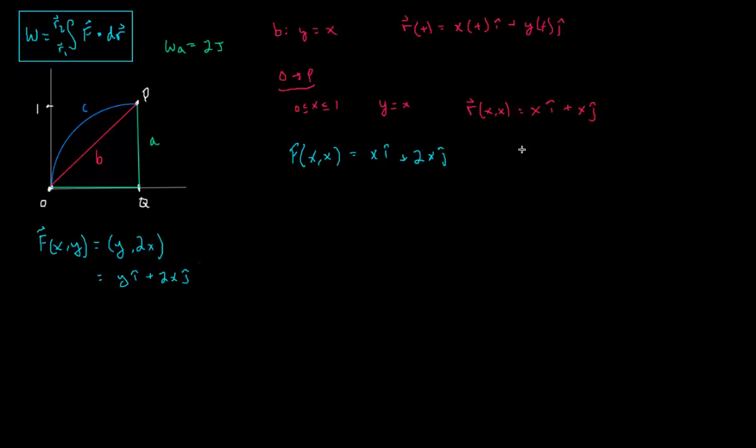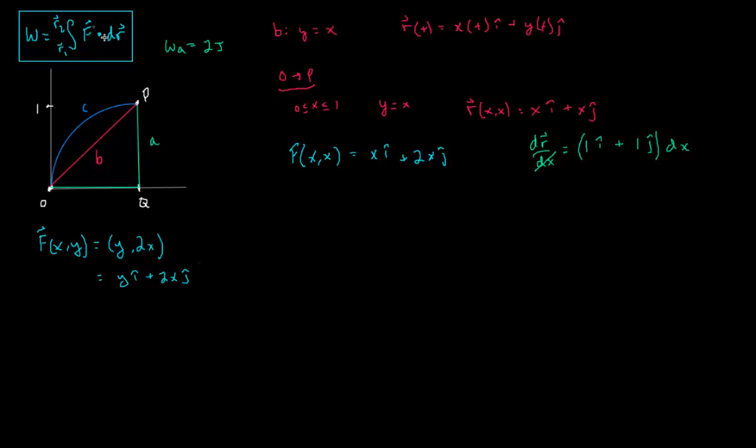What I have to do now is find my dr. I'm going to take the derivative of r: dr/dx is equal to 1 in the i hat direction plus 1 in the j hat direction. The derivative of x is just 1. Multiplying by dx on both sides, I have my expression for dr: dr is equal to 1i plus 1j dx.